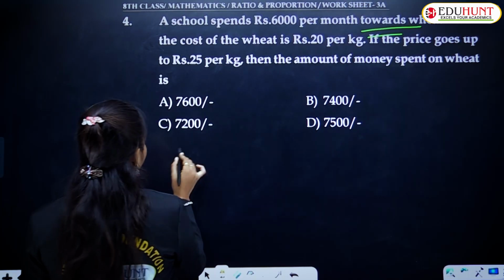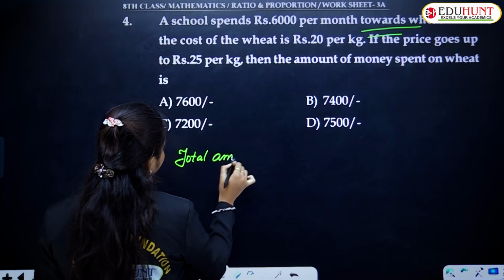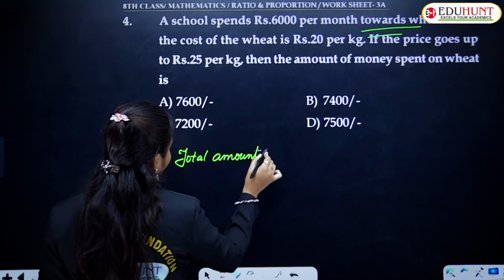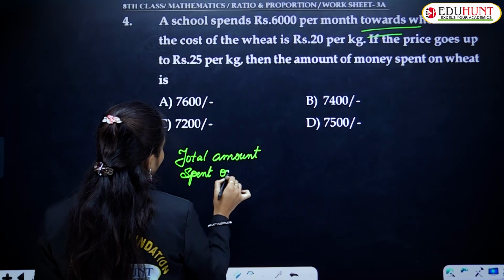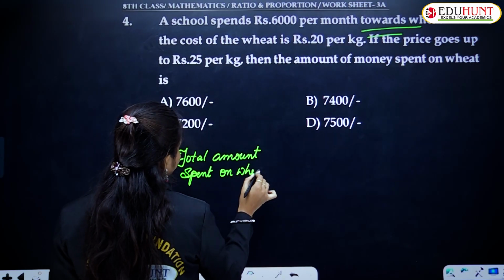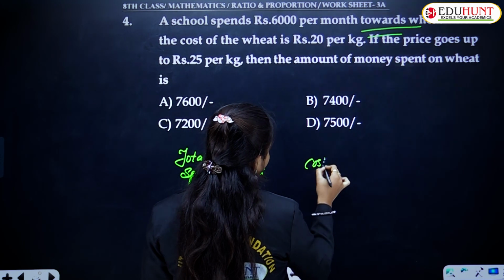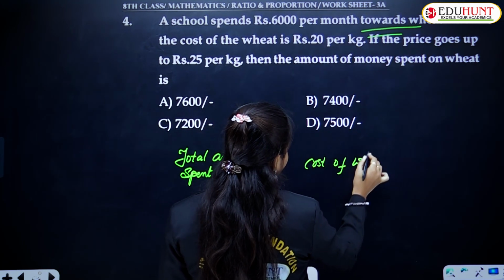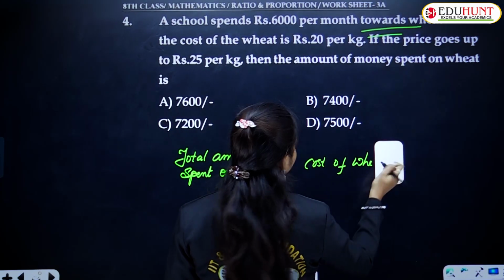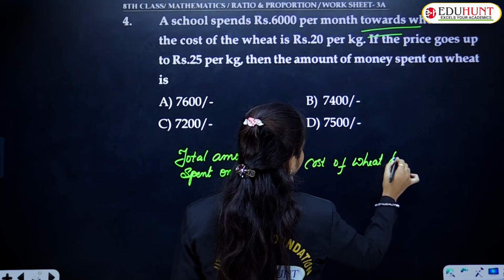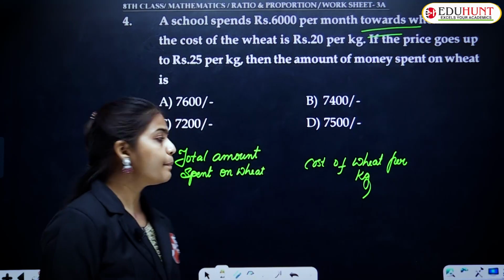Okay, so here the total amount spent on wheat, and here the cost of wheat per kg.